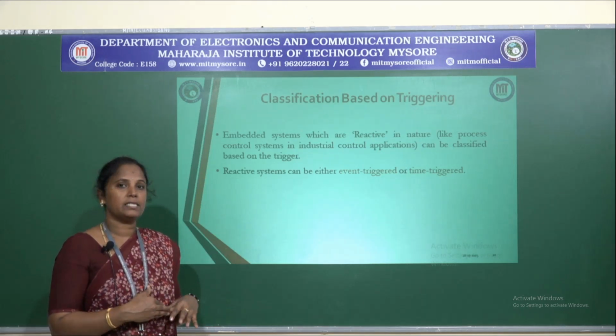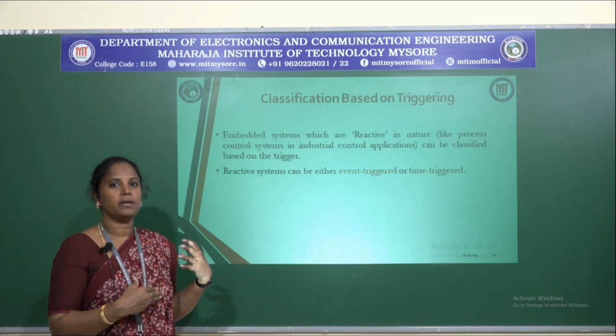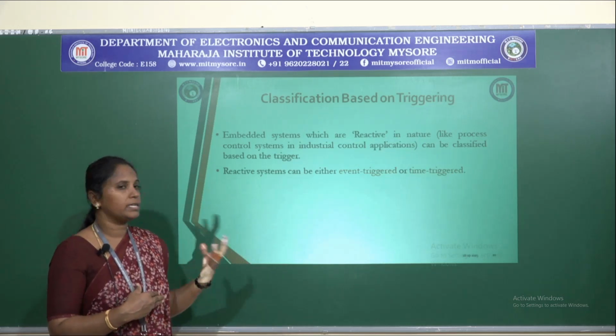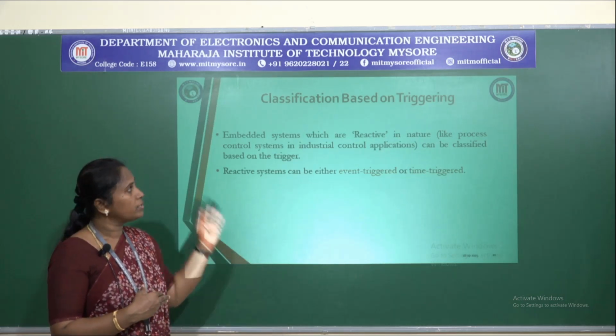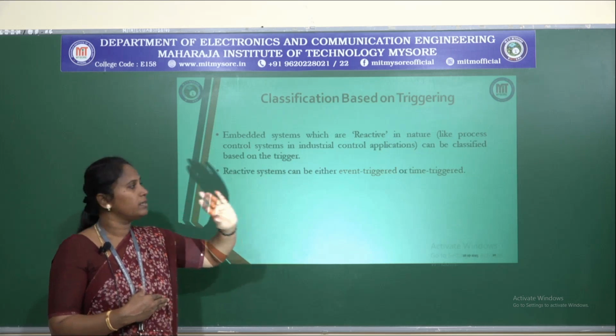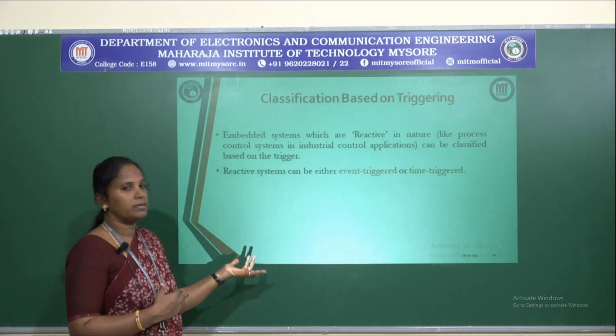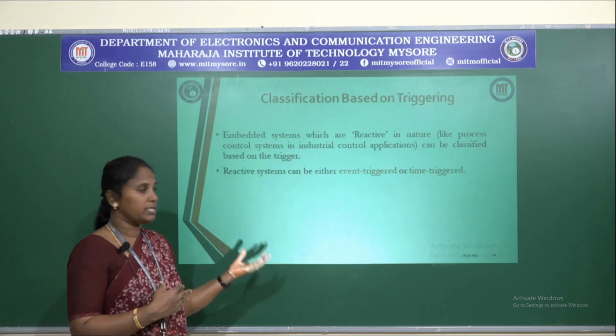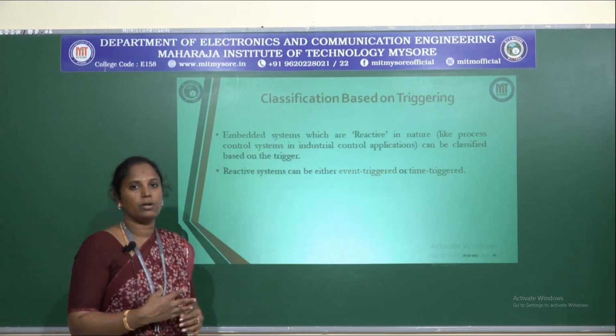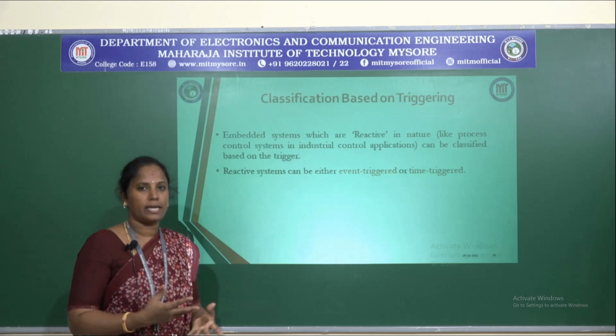So if it meets some criteria, only then is that event going to happen. Triggering refers to whether it satisfies its condition, and only when certain criteria are met is it called event triggered or time triggered.